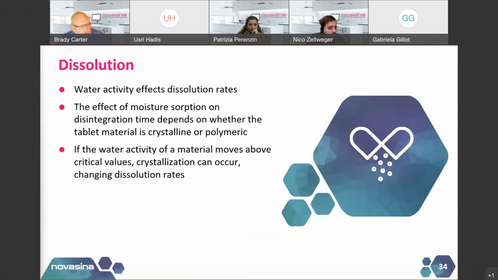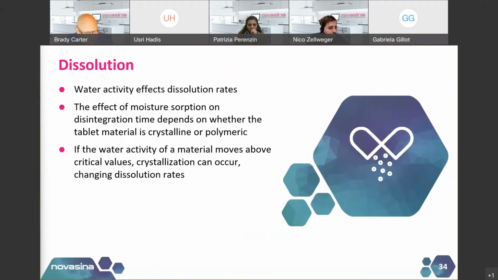Now, in terms of dissolution of materials, whether or not that pharmaceutical product is going to dissolve in the place where it's supposed to and deliver its active ingredient is very specific to each type of matrix. It is affected, obviously, by the excipient choice, but it also can be impacted by changes in water activity.